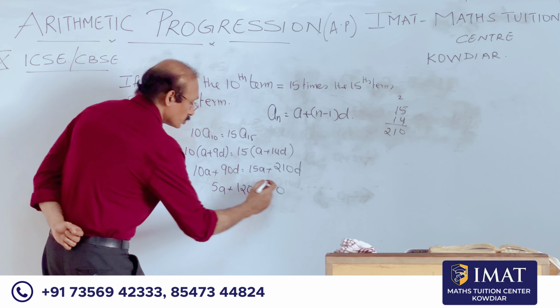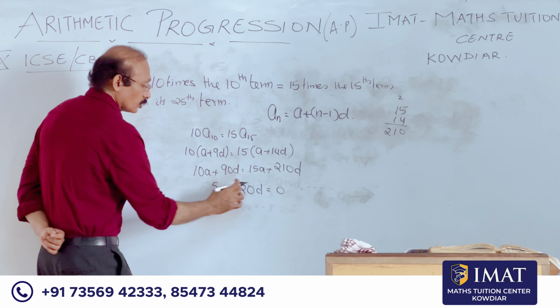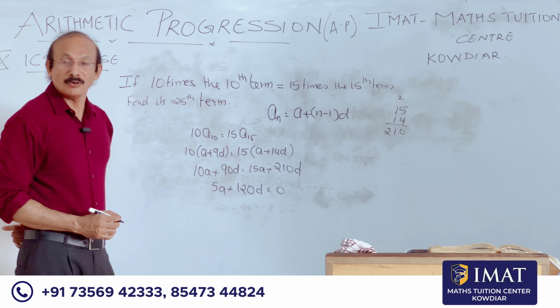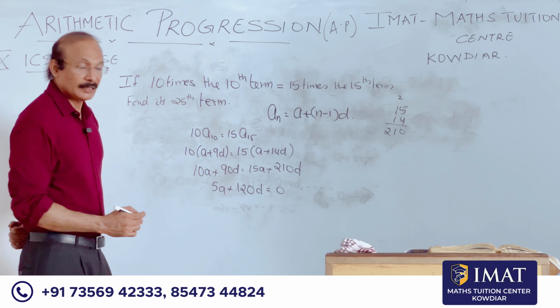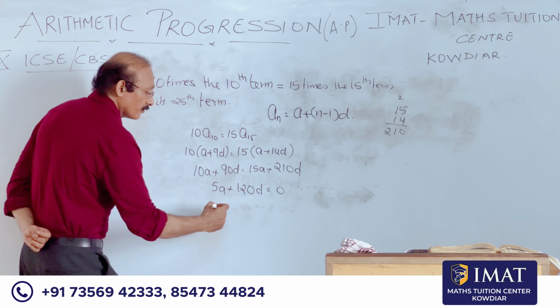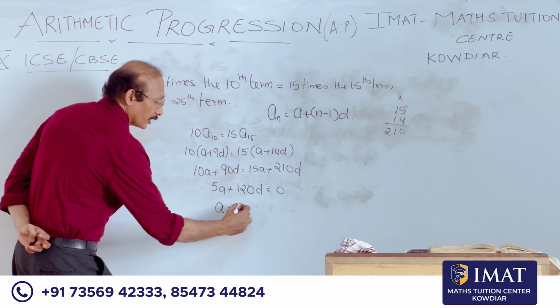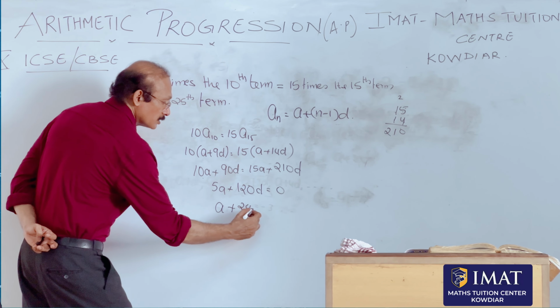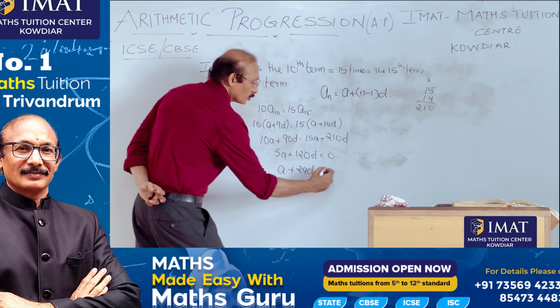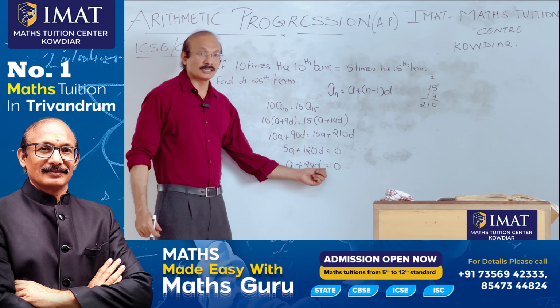D is equal to 0 because all the terms have gone to the right side. So this side will become 0. So it is 5A plus 120D equal to 0. Am I right? So see this equation once again. You can divide throughout by 5. So this is A plus 5 2s are 10, 5 4s are 20, 24D is equal to 0. A plus 24D is equal to 0.